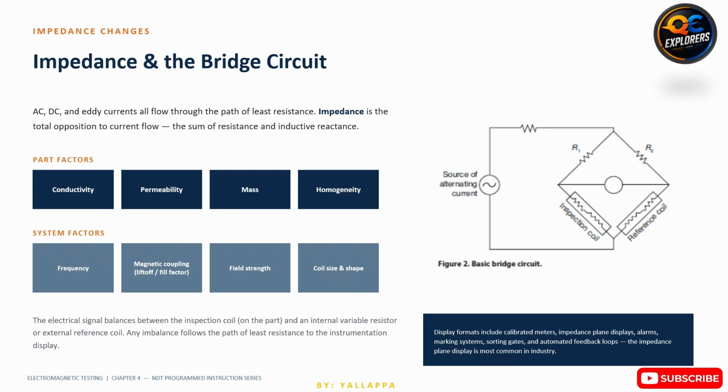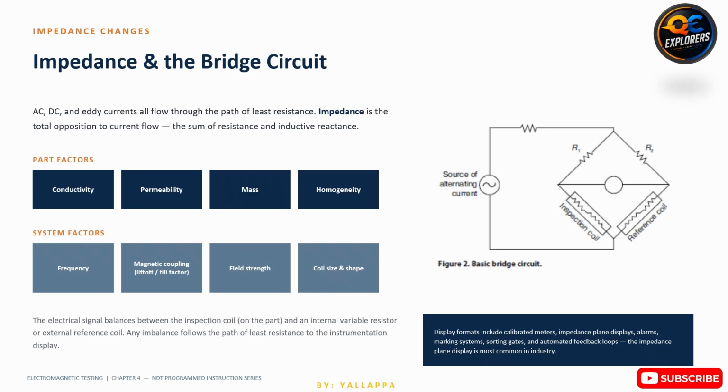A common mistake among new inspectors is assuming that every impedance change indicates a defect. In reality, liftoff, geometry changes, temperature, and material variations can all produce similar responses. That's why proper calibration and signal interpretation are essential.